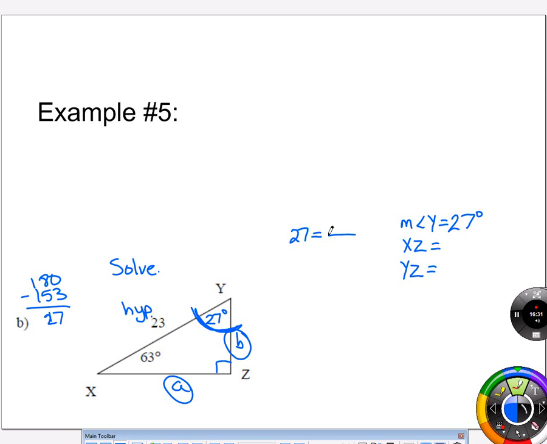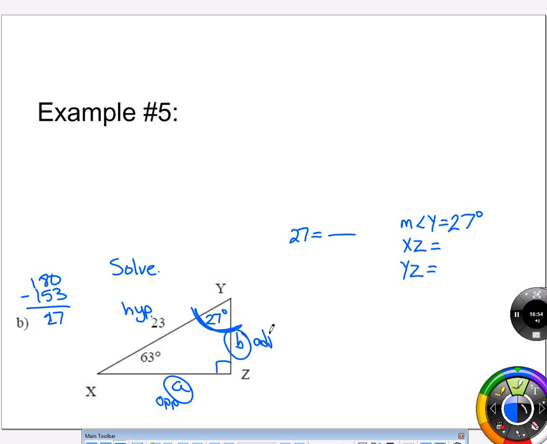Now be smart about which trig function you pick. There's more than one option, but there are some things you can't use. Like, would it be smart for me right now to write an equation using the tangent of the 27-degree angle? Okay? Tangent would use opposite over adjacent. If both A and B show up in that equation, am I going to be able to solve it? No. Okay?